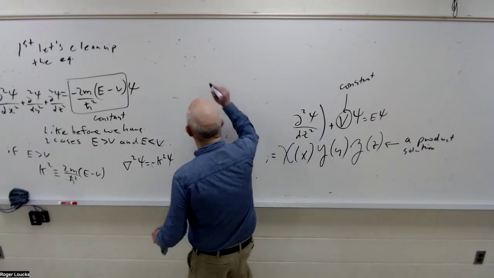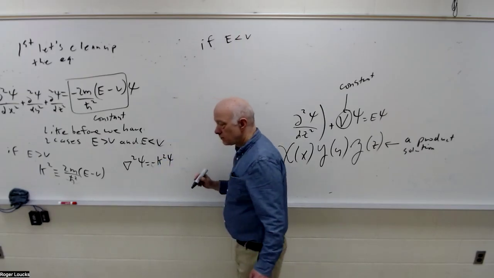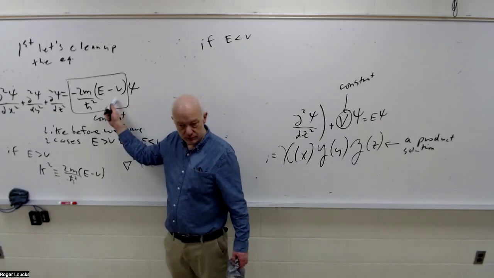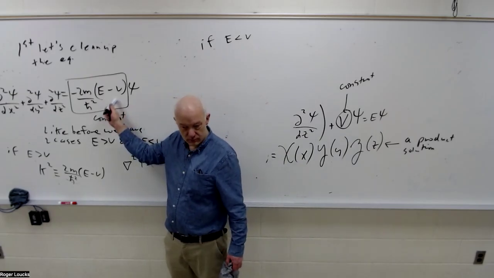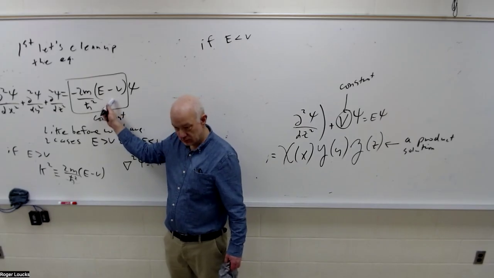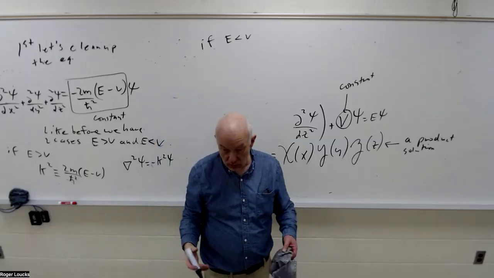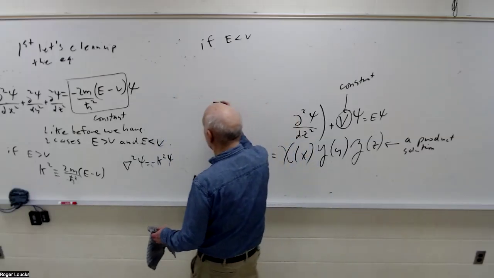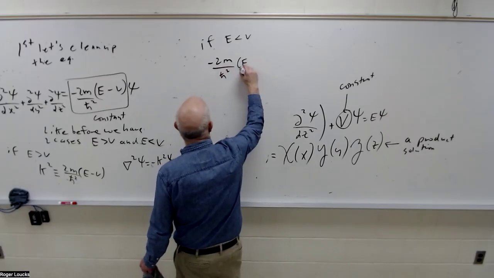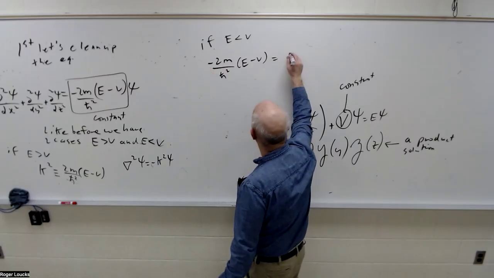What happens in the other case? Then what do you know about E minus V? This is going to be negative. I get another negative, so the whole thing is positive. So what we do here is, since this is negative, I'm going to multiply through with a minus.